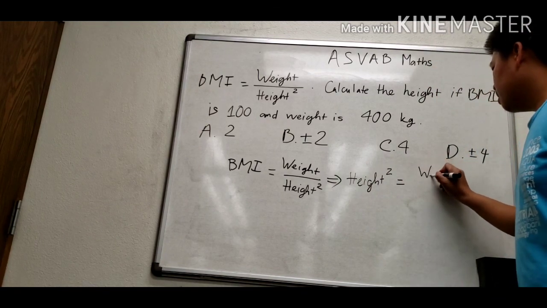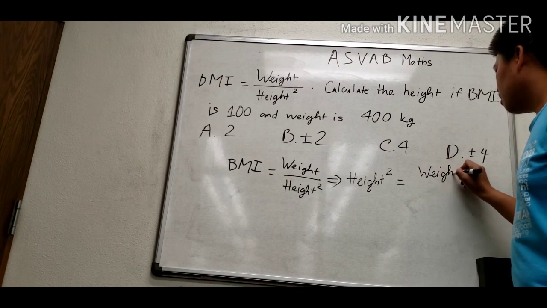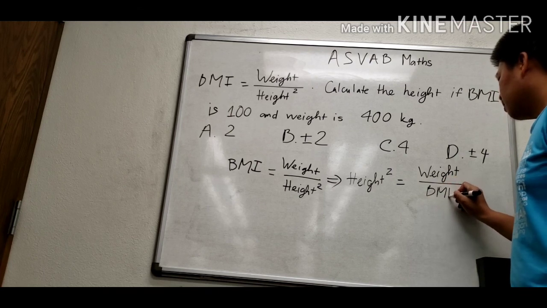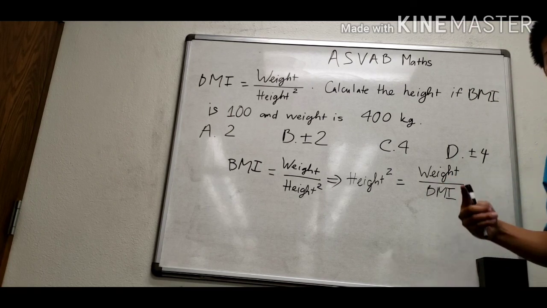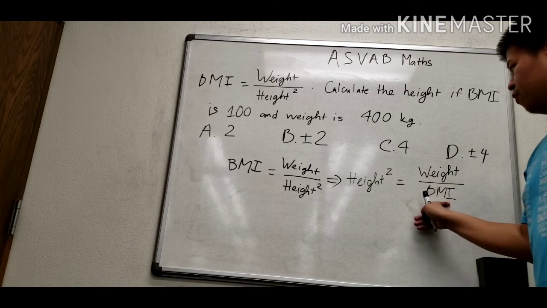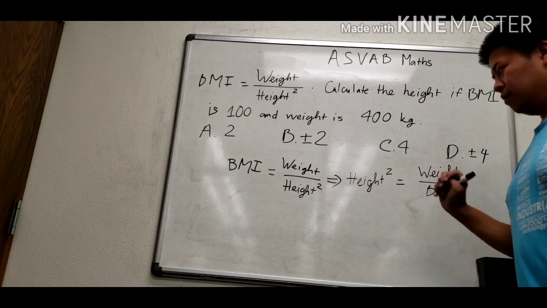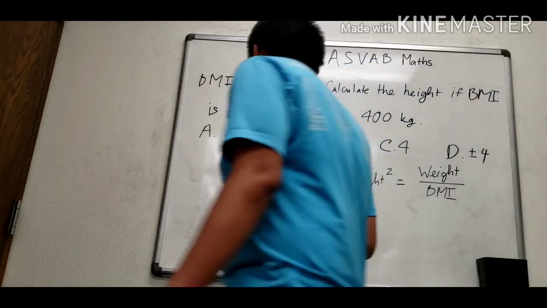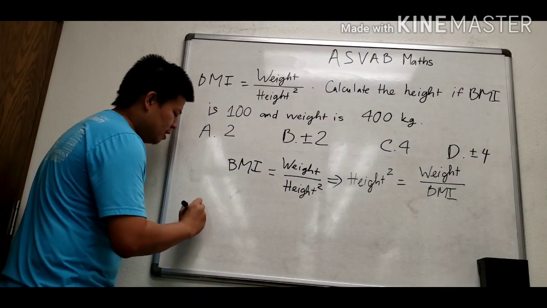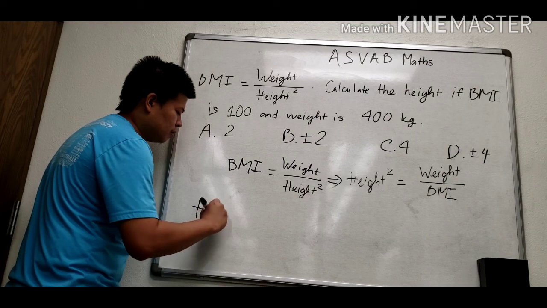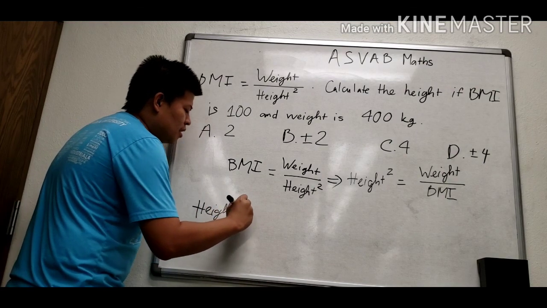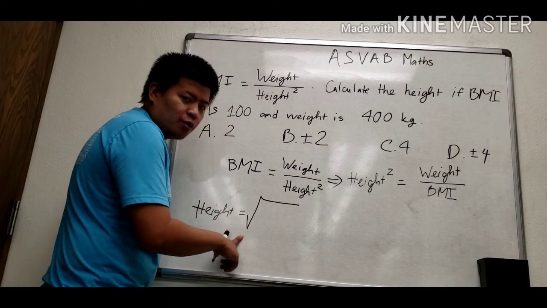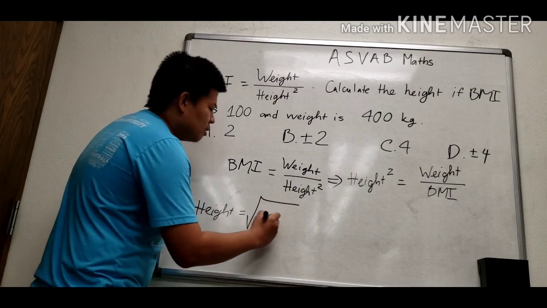And the weight divide by BMI. We just switch two variables together. We have the power 2, so we will put the height in here equal to power 2, and we just use the square root in here.